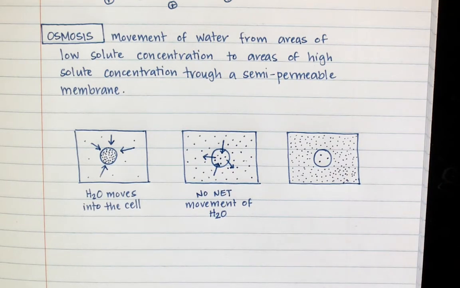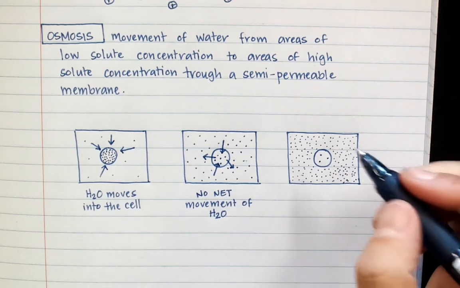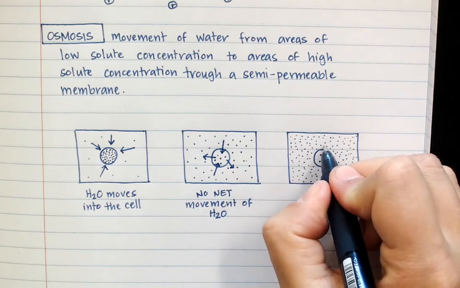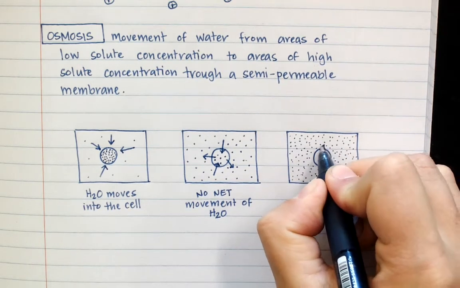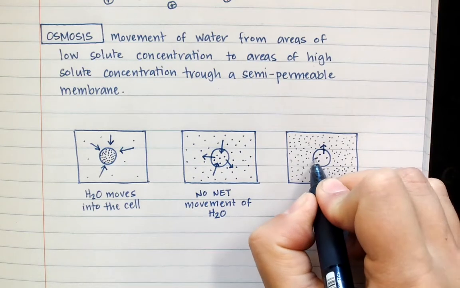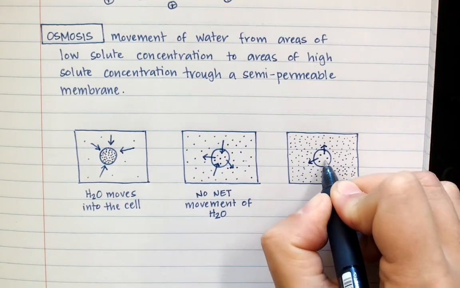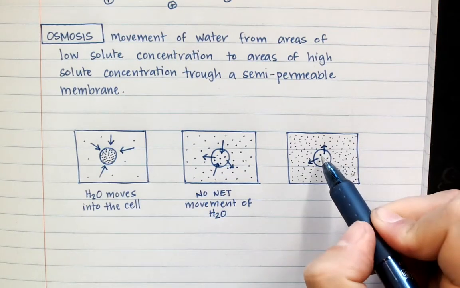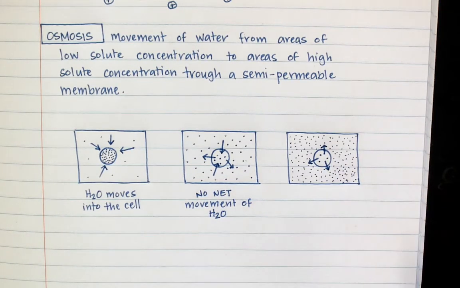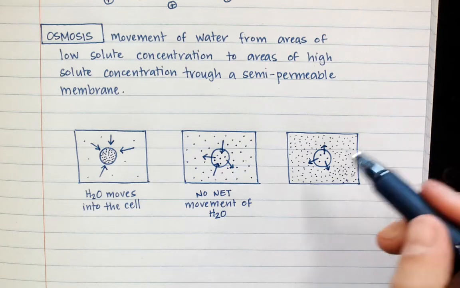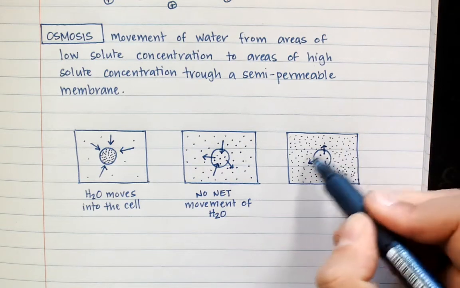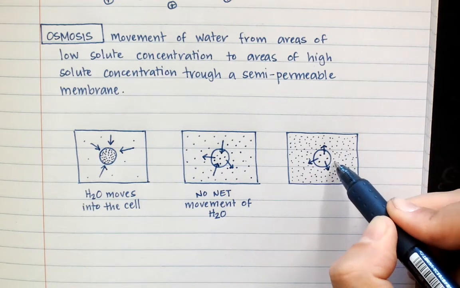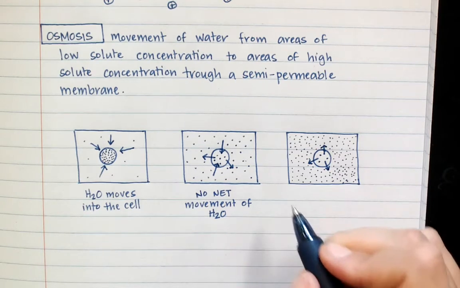Okay, so in this one, what's going to happen is the water is going to move out of the cell. If we have water moving out of the cell, then the cell will shrivel up. And if the cell shrivels up, these glucose molecules are going to get pushed closer together. At the same time, there's going to be more water out here, so these glucose molecules can spread further apart.